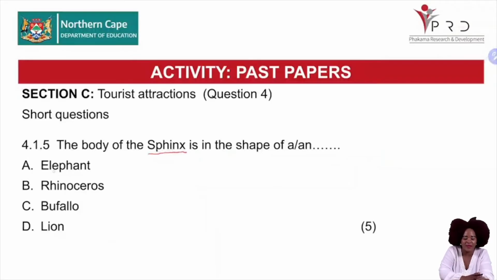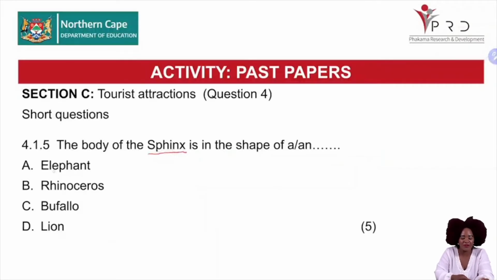D, lion. So what is the answer here? If you can just think of the picture of the Sphinx, how does it look? Does it have the body of an elephant, a rhinoceros, a buffalo, or a lion? So what is the correct answer here, grade 12 learners?